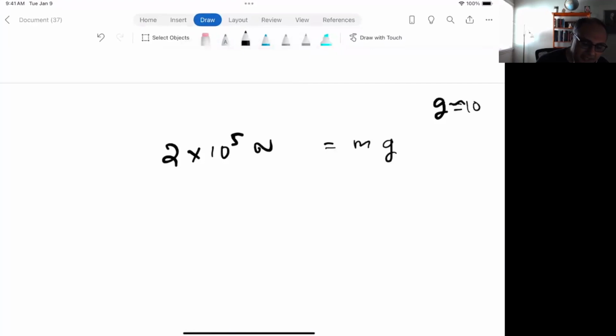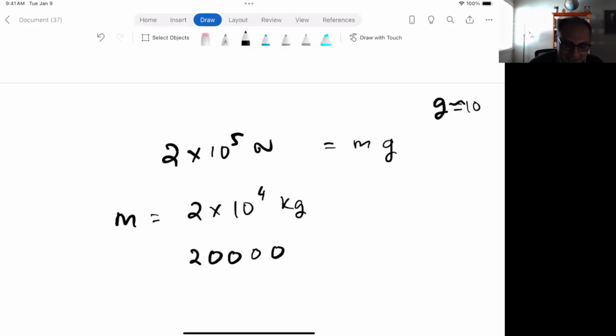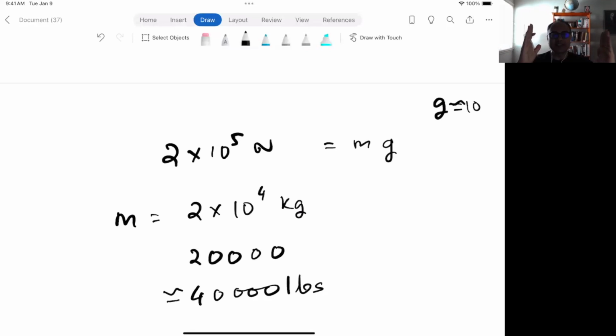So that would be the weight of a mass which is about 2 times 10 to the power of 4 kilograms, right? So that's 2 followed by 4 zeros, kilograms. Approximately double it, and you get the pounds. So that's about 40,000 pounds approximately. So the force that you need to apply to squeeze some water by 1% is the weight of 40,000 pounds. That completely clear to all of you?